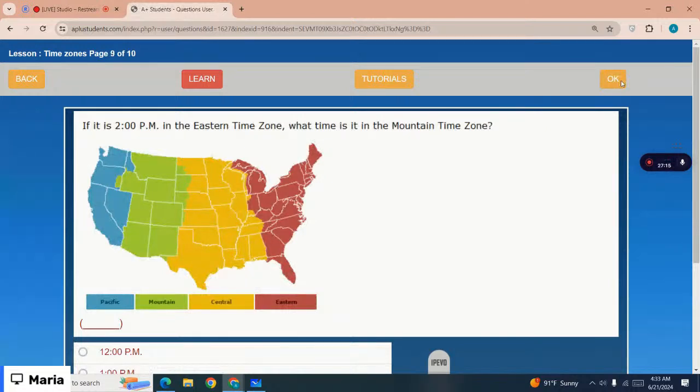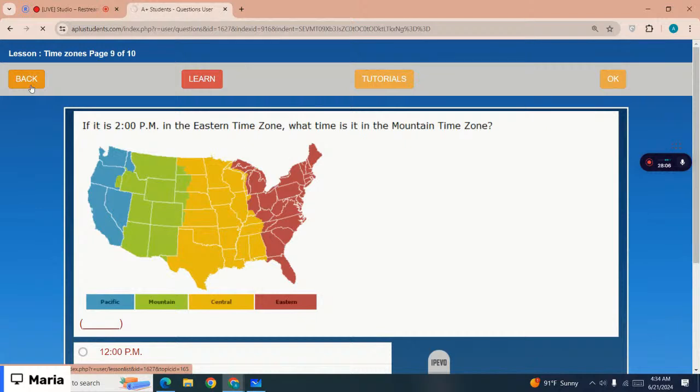Which is the correct option? Okay, you can complete the lesson by yourself later today.